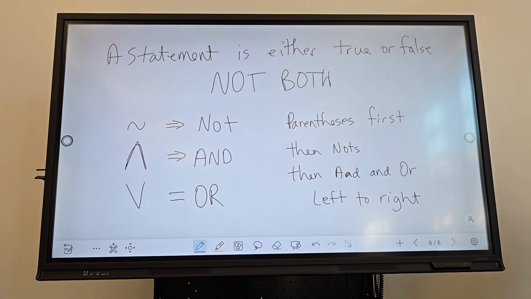Parentheses are used to clarify the order of operations. Let's see here, a little example. It is not... Use H for it's hot and S for it's sunny.